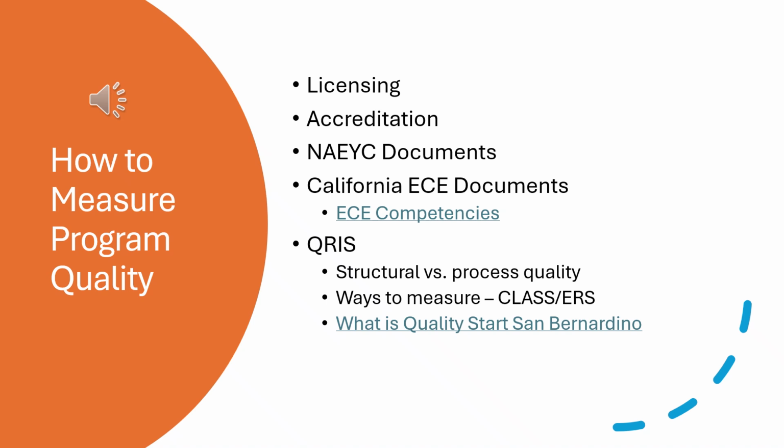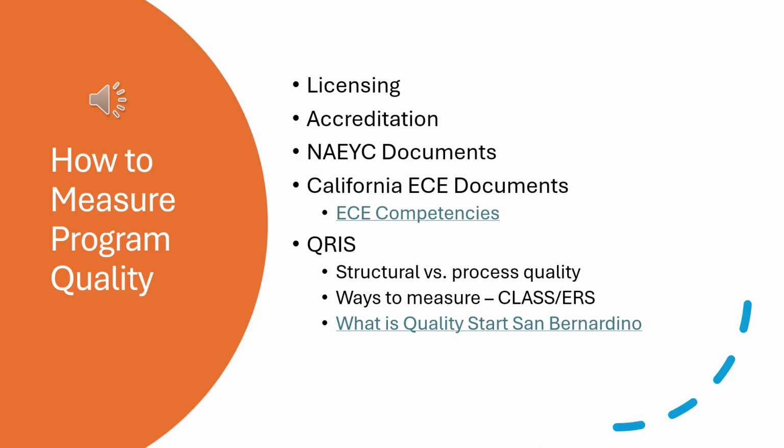One is by using documents created by NAEYC. I'm not going to talk about these a lot here because we're going to talk about them in an upcoming lecture in much more detail, and you'll also have an assignment related to these documents, but suffice it to say that they're the ones who do accreditation, so they have documents related to that.